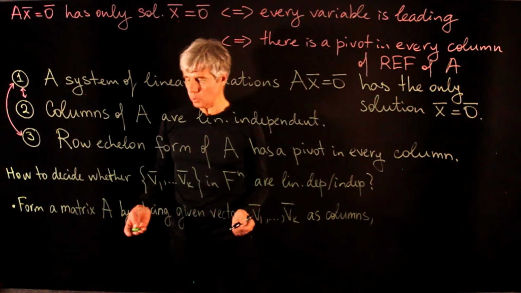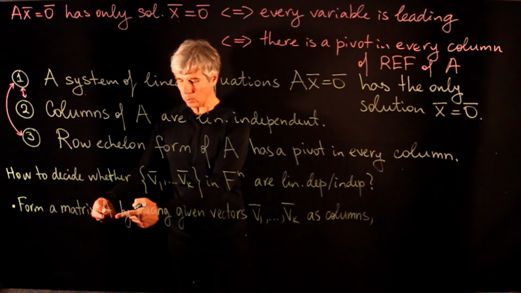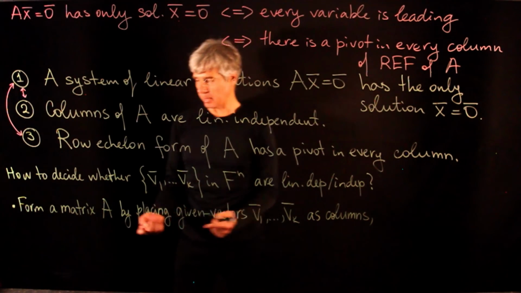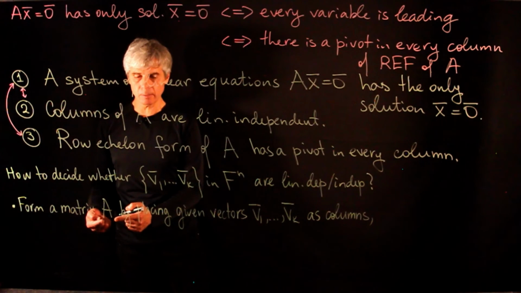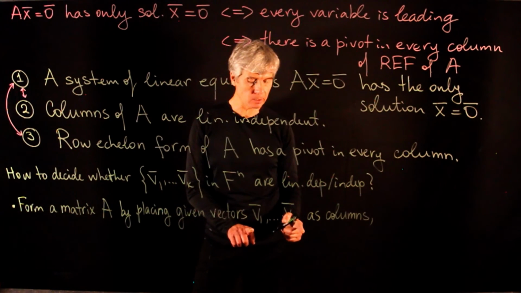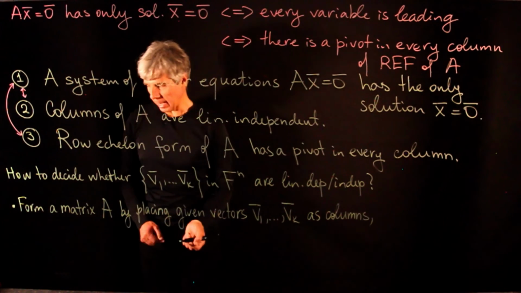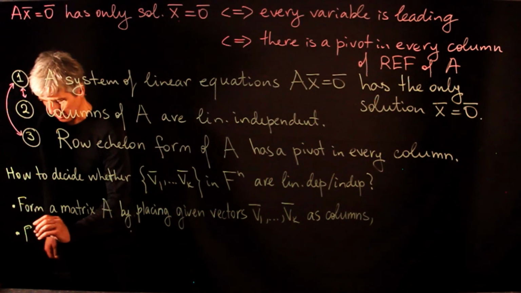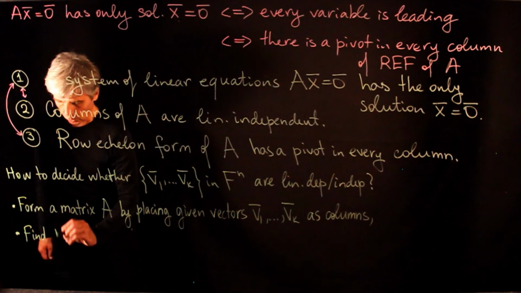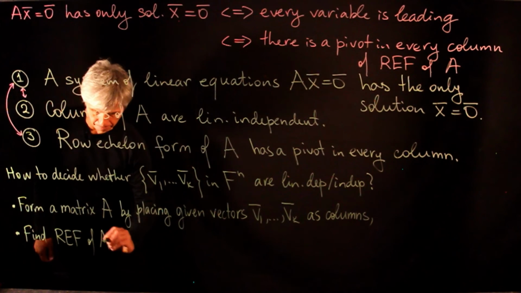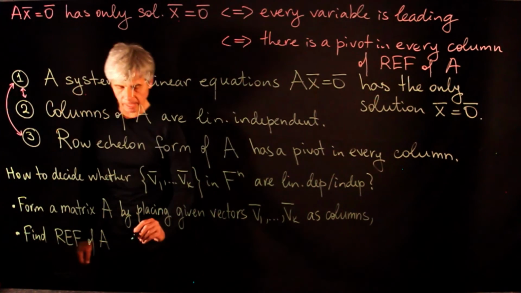So once we do this, columns of this matrix become our vectors. And by answering the question about linear independence of the columns, we answer the question about linear independence of our vectors. And so what we do is find the row echelon form of A, right? And then get the answer.